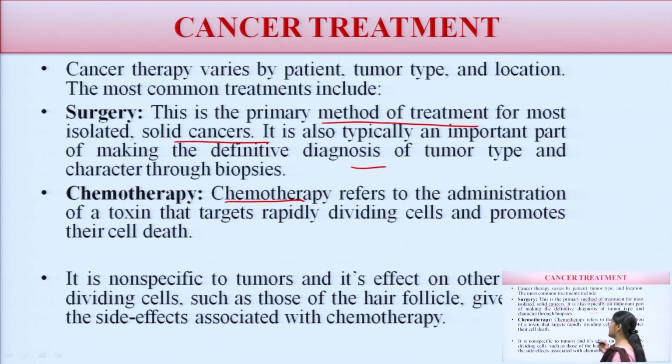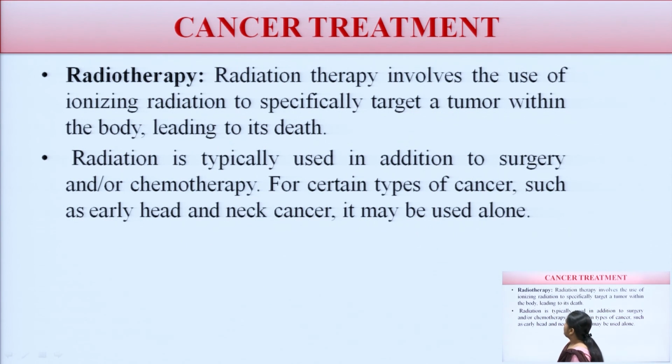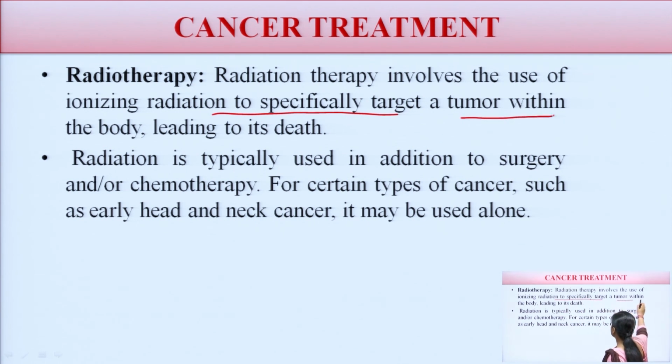Chemotherapy involves various kinds of drugs, the administration of toxins, to inhibit or kill the cancer cells. Now, radiotherapy involves the use of ionizing radiation to specifically target the tumors within the body, leading to their death.